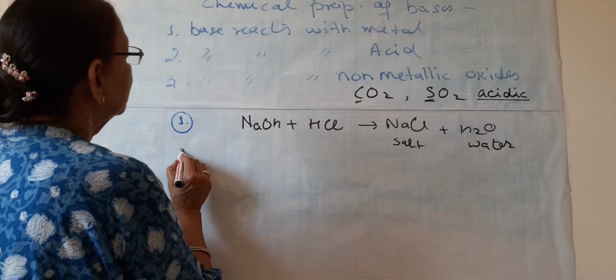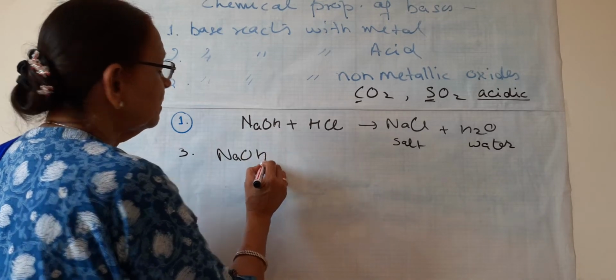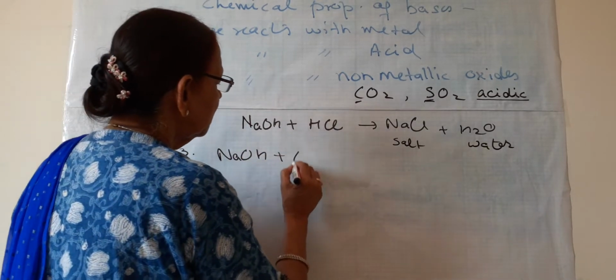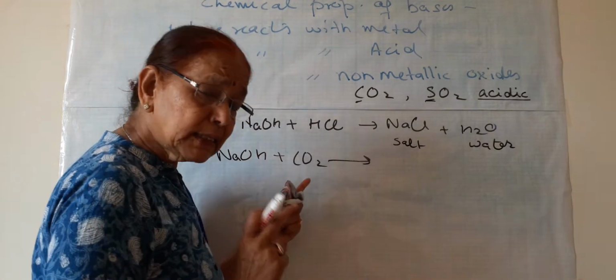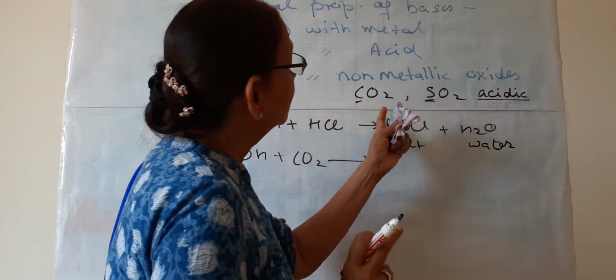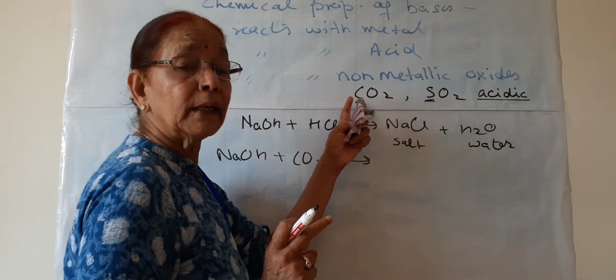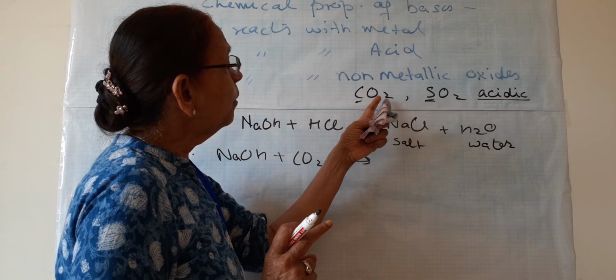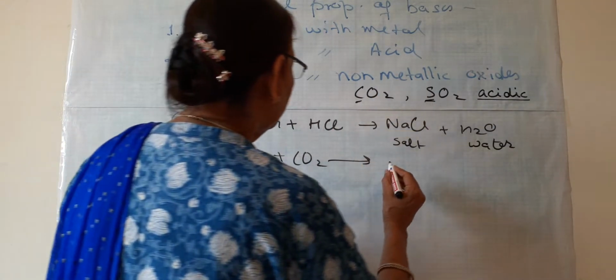So the third reaction is, again we took the same base, sodium hydroxide. Suppose it reacts with carbon dioxide. It is carbon dioxide, a non-metallic oxide. Oxide of carbon; carbon is a non-metal. What will be formed?